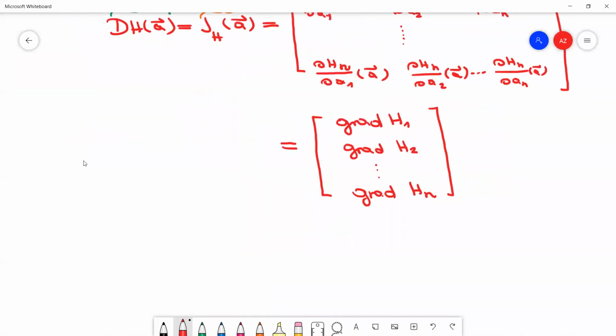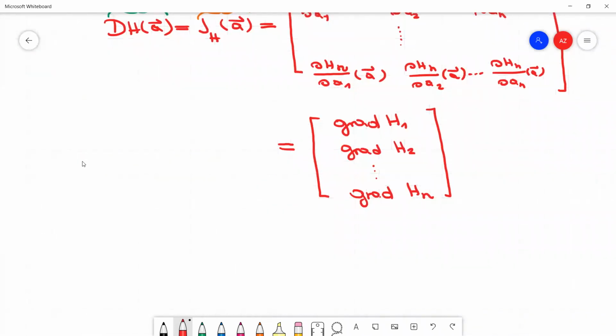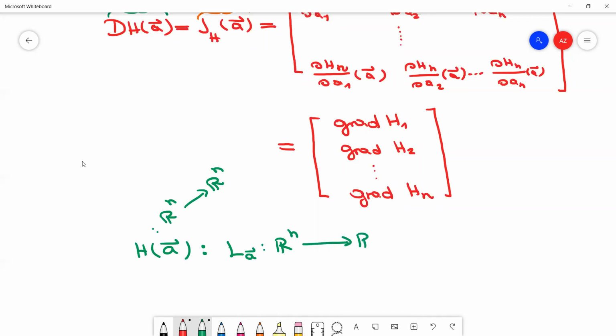And if you recall, I said that in the algorithm we have h of a, and we want to do a linear approximation. So the linear approximation should be a linear function. If this h is a function from R^n into R^n, this linear function should again be a function from R^n into R^n.